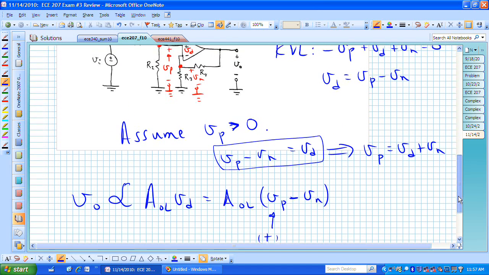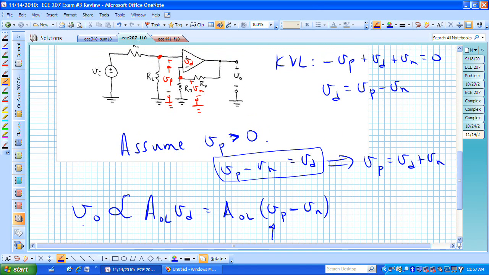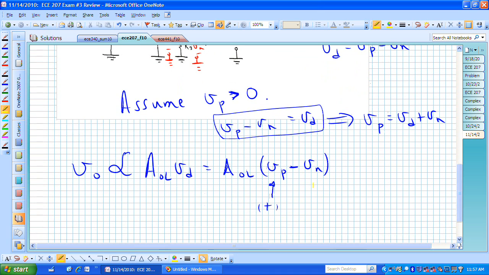And what we are wanting to do is determine whether V naught is helping V sub D go to 0. And to look at that, what's happening is this output voltage is now getting fed back to V sub n. And if V naught is positive, then V sub n is going to be proportional to V naught, and so we're now increasing V sub n.